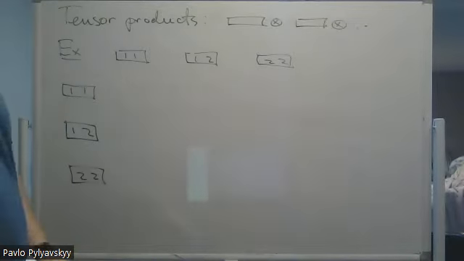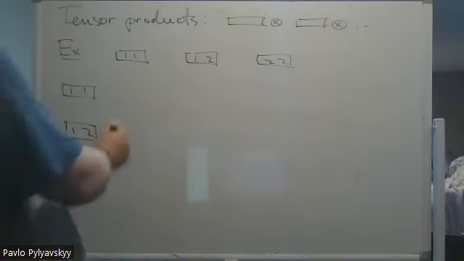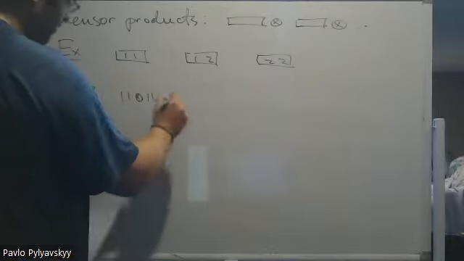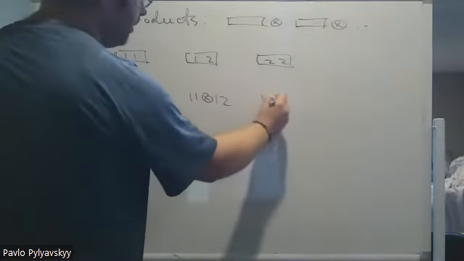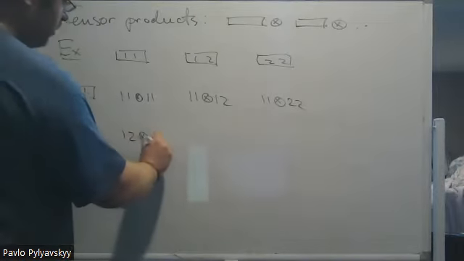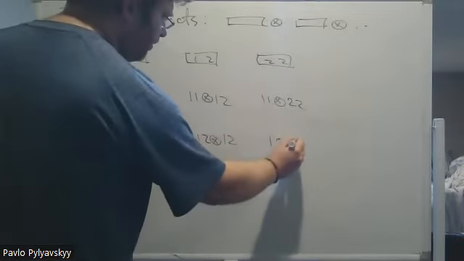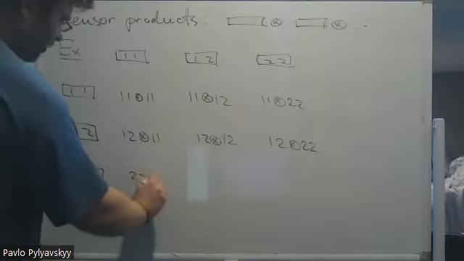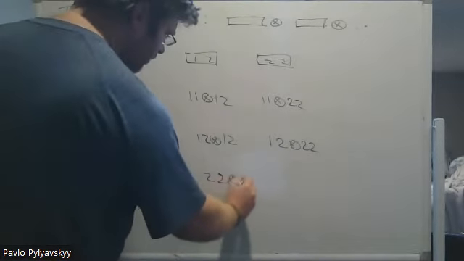The set of vertices is just the Cartesian product of this set and this set. So you have vertices like 1 1 tensor 1 1, 1 1 tensor 1 2, 1 1 tensor 2 2, 1 2 tensor 1 1, 1 2 tensor 1 2. I'll just fill it out: 2 2 tensor 1 1, and 2 2 tensor 1 2.